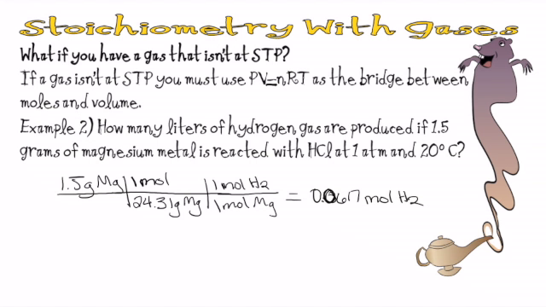Now we need to know how many liters. So now you use the ideal gas law, PV equals nRT. We're solving for volume, so volume equals nRT over P. Now we plug in what we know.